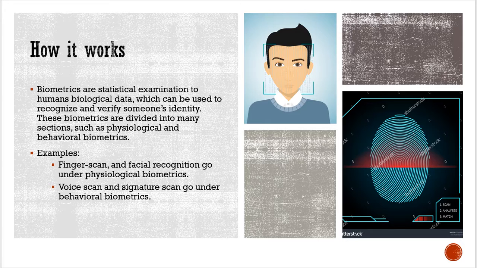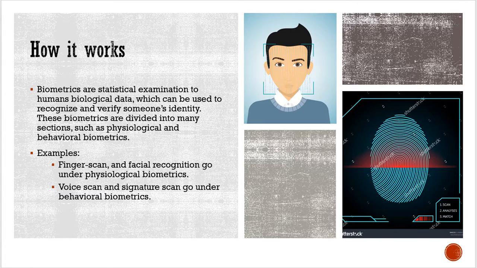Since we talked about face recognition payments, we should talk about how it works. First of all, biometrics are a statistical examination of humans' biological data, which can be used to recognize and verify someone's identity, and these biometrics are divided into many sections. So we have some physiological and some behavioral biometrics.